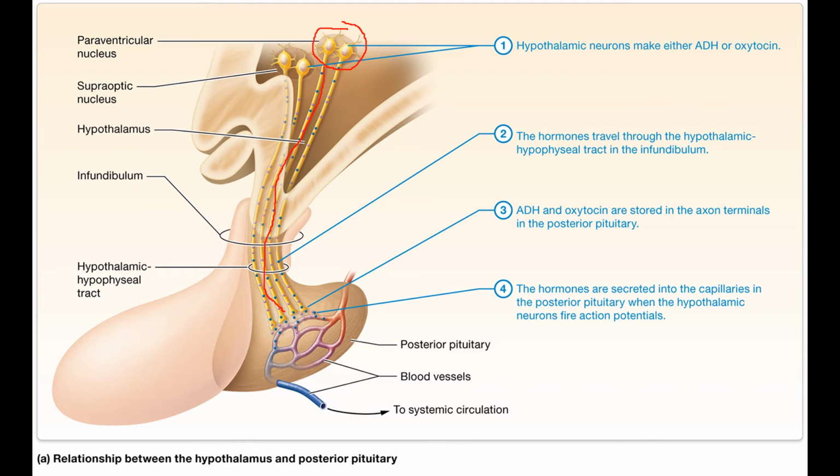Then when there's a triggering event, they'll be secreted into the capillaries there, which then circulates them throughout the body to their target cells. So hypothalamic hormones are created in the hypothalamic neurons, which travel down and just wait in the posterior pituitary.